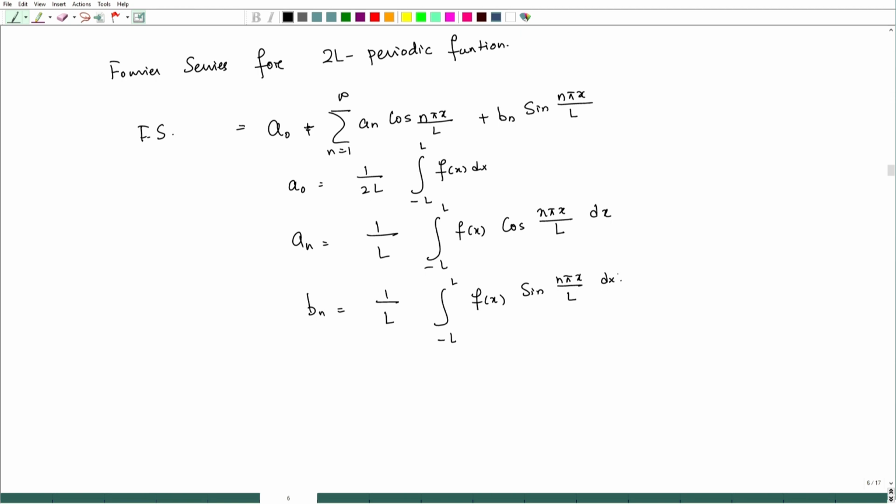So that is the Fourier series for a 2L periodic function, and in the next lecture we will see how we can combine these two Fourier series of a 2 pi periodic function.